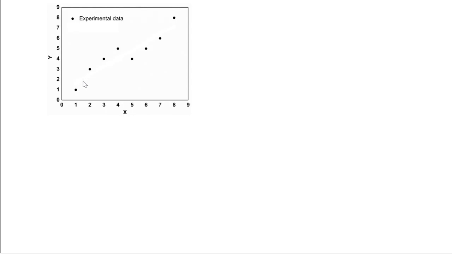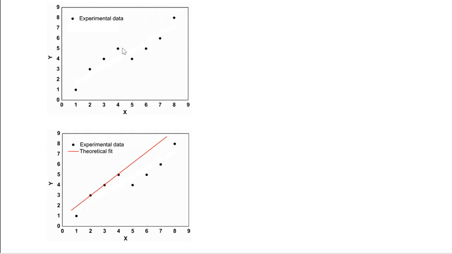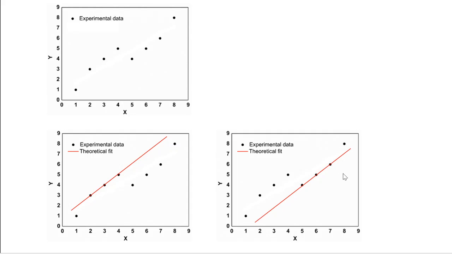Another option is drawing a line through these 3 data points, so at least 3 points match with the theoretical fit. So this could be one best fit according to our old definition, or alternatively you can have a fit like this. In this case also the theoretical curve passes through 3 experimental data points.